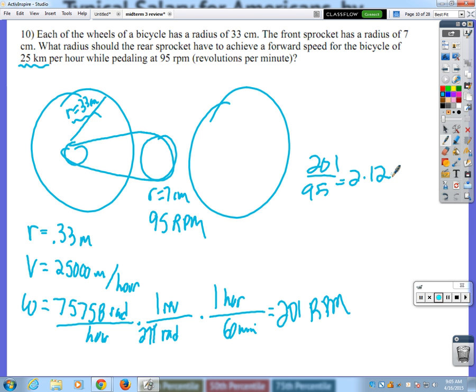So then you take 7 and divide it by 2.12. Why do we have to do that? Because it's that inverse proportion. That one's going to go faster. Yeah, divide 7 by 2.12. I had it right, I just did it the wrong way. I did it backwards. Okay.